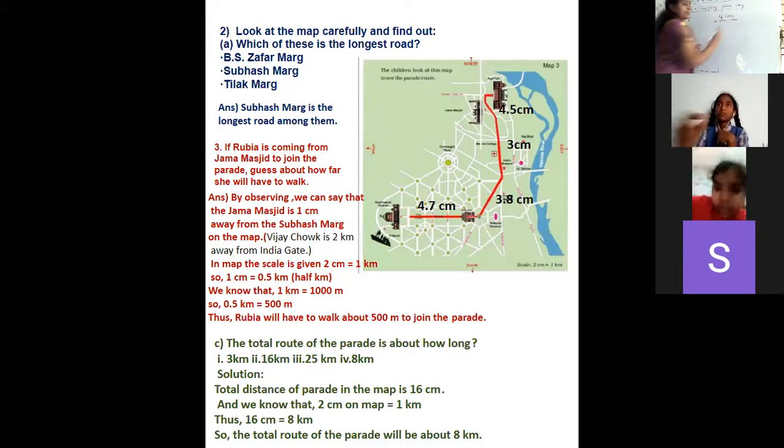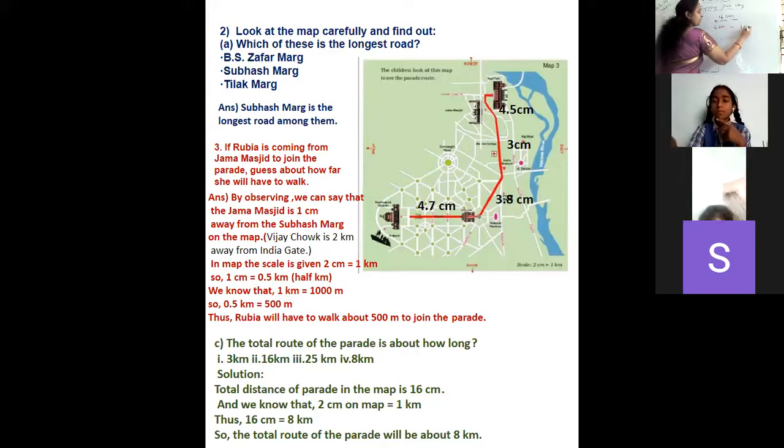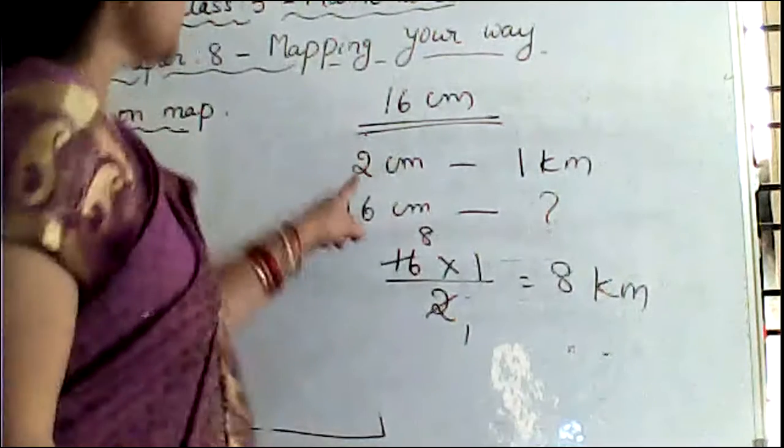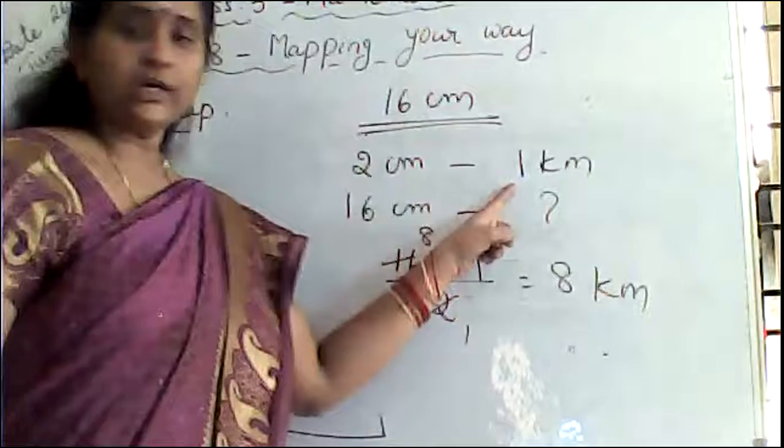These 16 centimeters we need to convert into kilometers. We know that 2 centimeters is 1 kilometer. Now 16 centimeters, how much? 2 centimeters on map is 1 kilometer on ground.